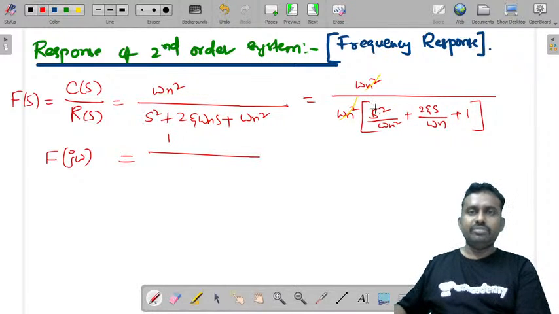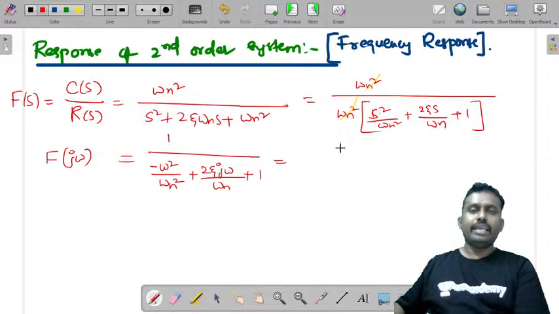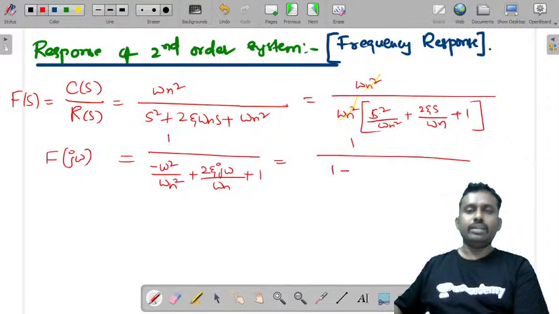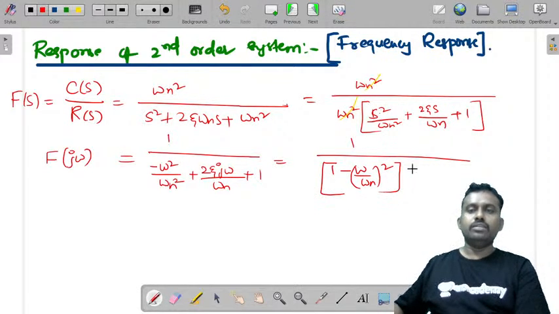Substituting j omega squared, it is minus omega square by omega n square plus 2 zeta j omega by omega n plus 1. I can write it as 1 by 1 minus omega by omega n whole square plus j 2 zeta omega by omega n.